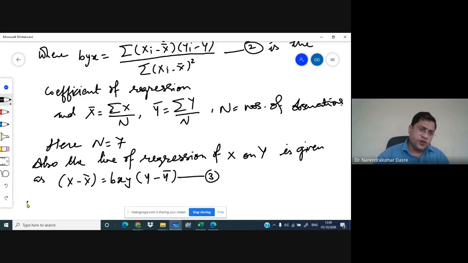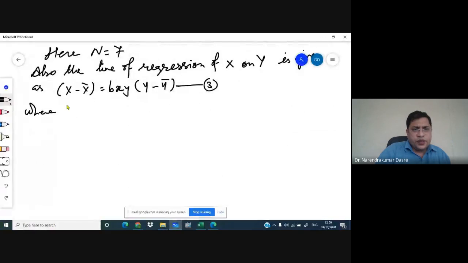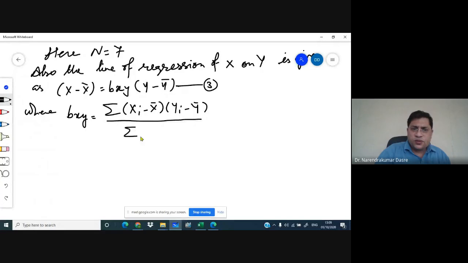Let this be equation 3. Where bxy is equal to summation of xi minus x bar into yi minus y bar, upon summation of yi minus y bar whole square. Let this be equation 4.